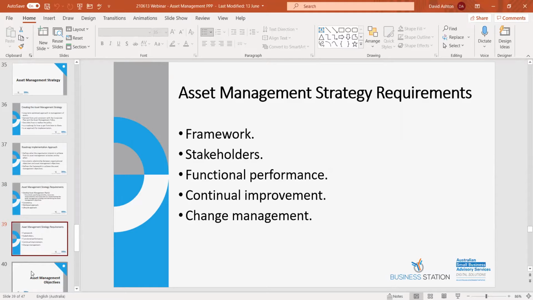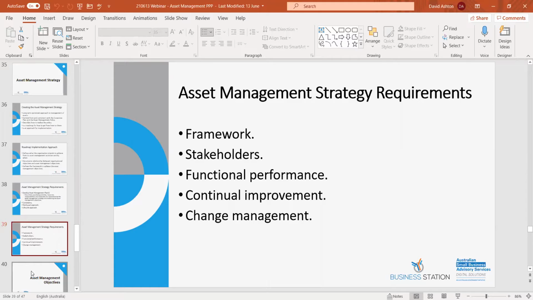So the strategy itself is the broader framework of how you're going to operate. You need to take into consideration the needs of your various stakeholders, and the internal and external context of the organisation. You need to look at functional performance of the individual assets, but also the strategy as a whole. Is it helping you achieve your business objectives?